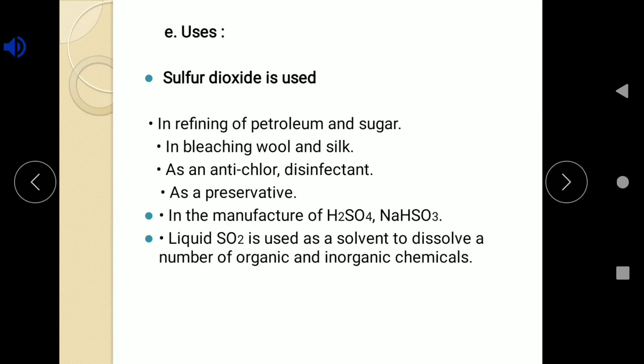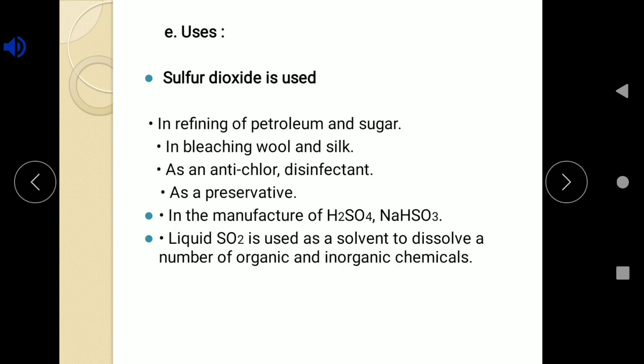Now, the assignment for today's session. You have to write the reasons and effects of ozone depletion. Write down the uses of ozone and sulfur dioxide.